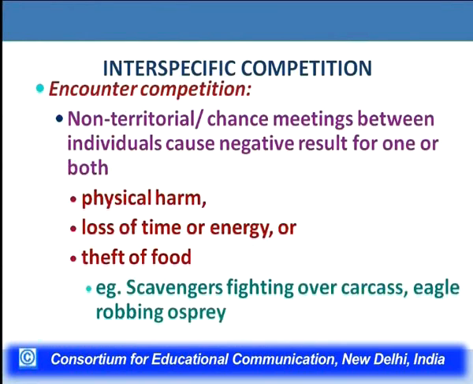And then there is encounter competition, which is basically non-territorial competition, and it only occurs when there is a chance meeting between individuals of different species, and usually it causes a negative result for at least one of the species, or it might cause a negative result for both.